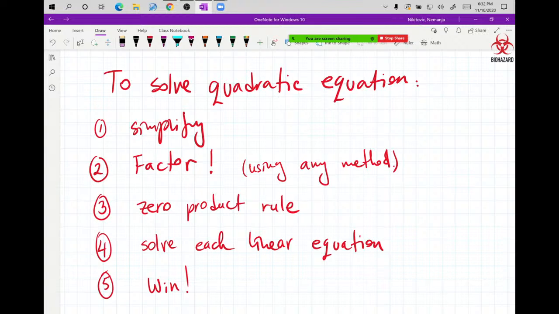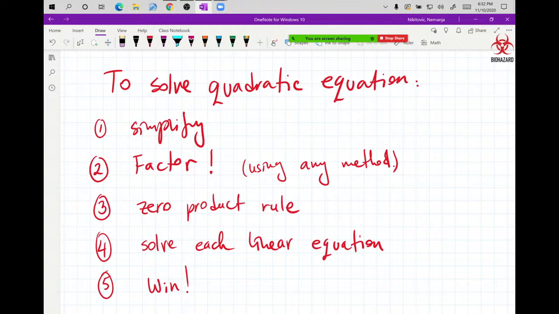And that's anything goes. So whatever method you know, whatever method fits, you use that to factor your quadratic equation. And then once you factor everything, you are supposed to use the zero product rule, because that is the rule that breaks the factors into separate linear equations.